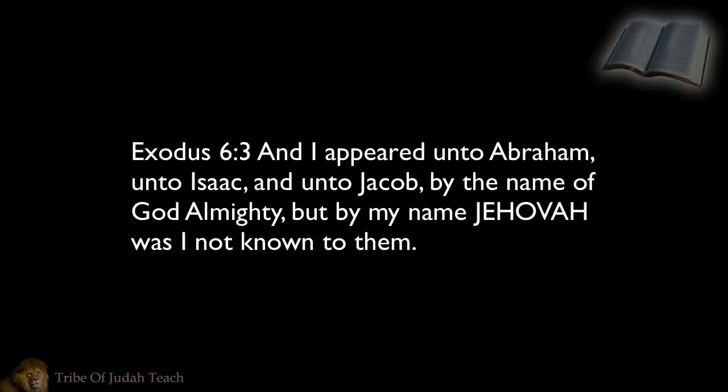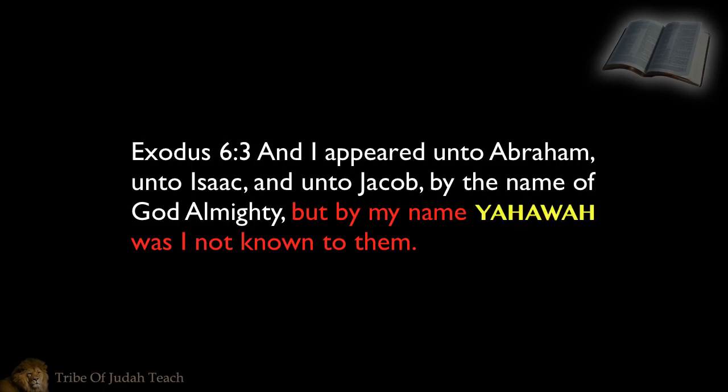It says, "And I appeared unto Abraham, unto Isaac, and unto Jacob by the name of God Almighty. But by my name Jehovah was I not known to them." Again, Jehovah in the Hebrew is Yahweh. Here it says that the Most High did not make himself known to Abraham, Isaac, and Jacob by the name Yahweh. But we already read that they knew that name.